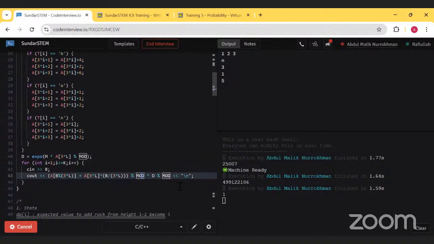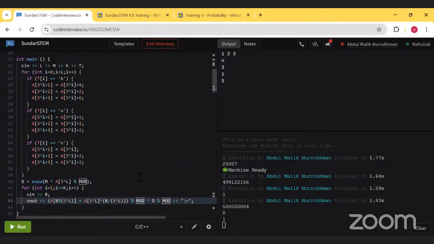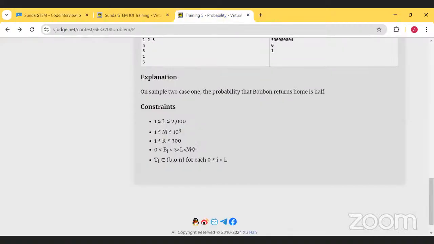In the second sample, half, 0, and 1. Okay, all of them are correct. And the complexity is just (L plus K) logarithmic mod.